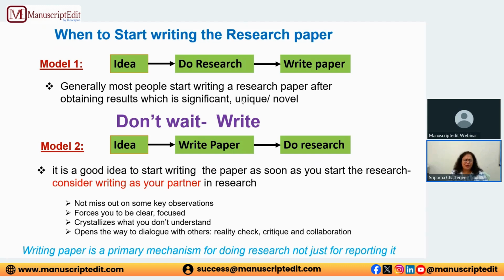It's a good idea, and not bad, because when you start the research, you consider writing as your partner in the research. But it's a little bit tricky. So generally model one is followed, whatever we all do.